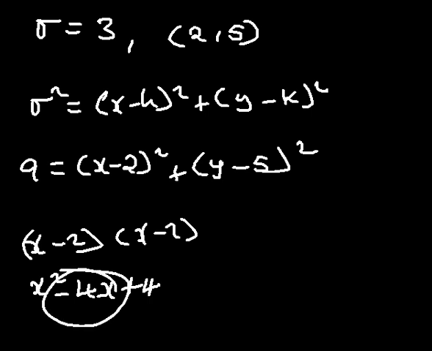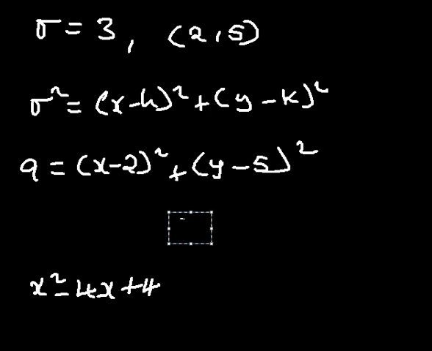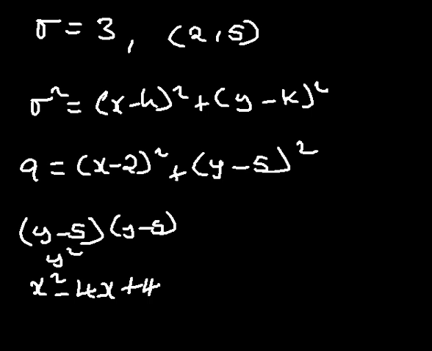So we'll have that upon expanding that one out. And also let's do the same with the other part. If I have to expand (y minus 5) times (y minus 5), which means we'll have y squared minus 10y and plus 25.